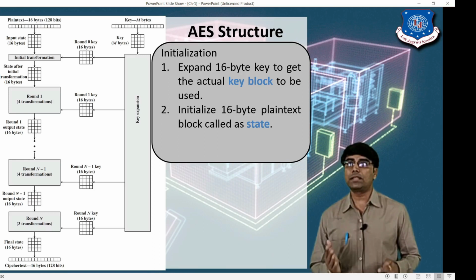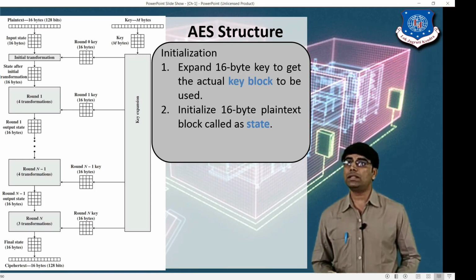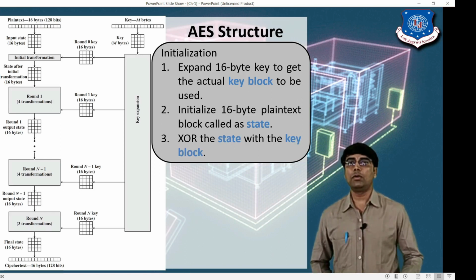Now we initialize the 16 byte plain text block, called the state. Now XOR the state with the key block. We have to perform the XOR operation with the key and the plain text.